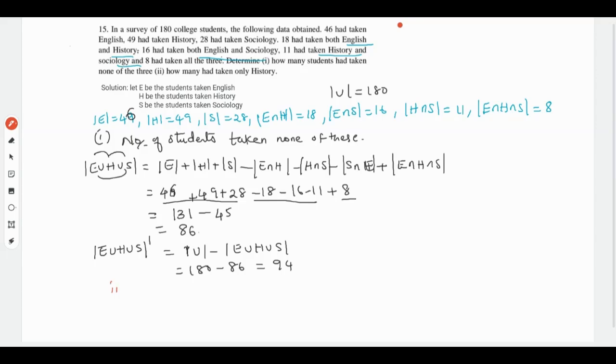The second sub question is how many had taken only history.